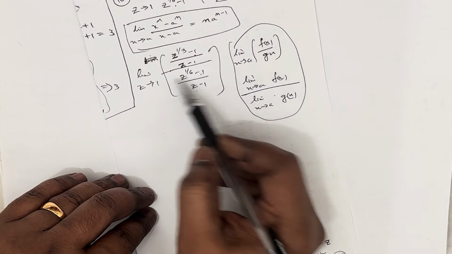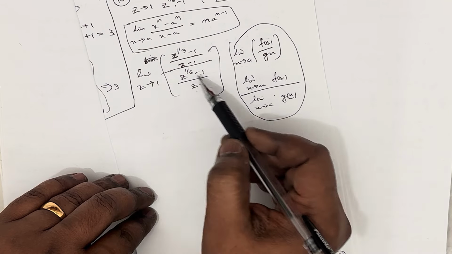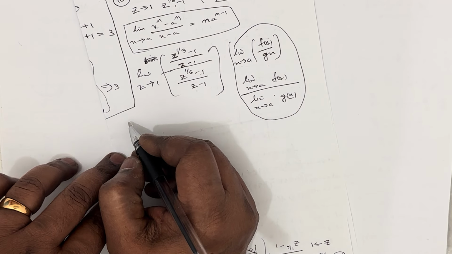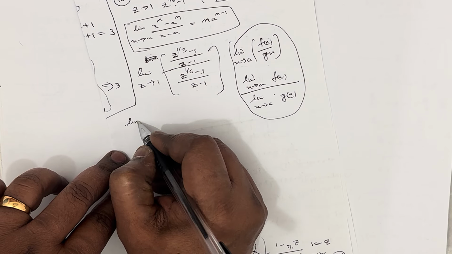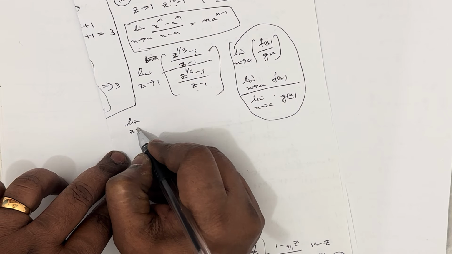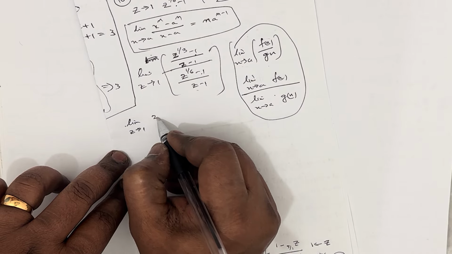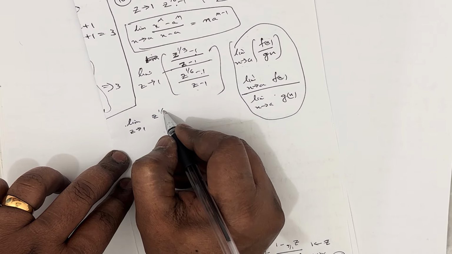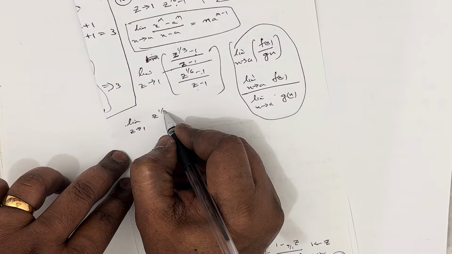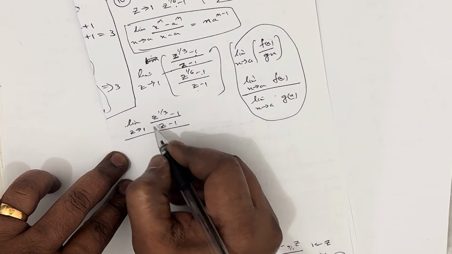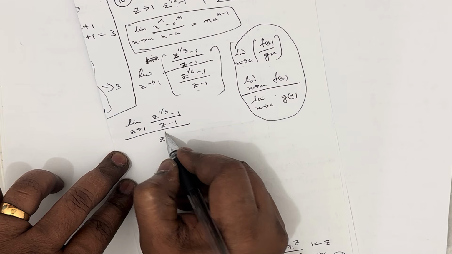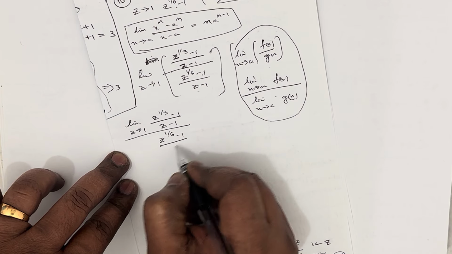So this is exactly in this form. Okay, so let's split and write. So we write it as the limit as z tends to 1 of z raised to 1 by 3 minus 1 by z minus 1, whole divided by z raised to 1 by 6 minus 1 by z minus 1.